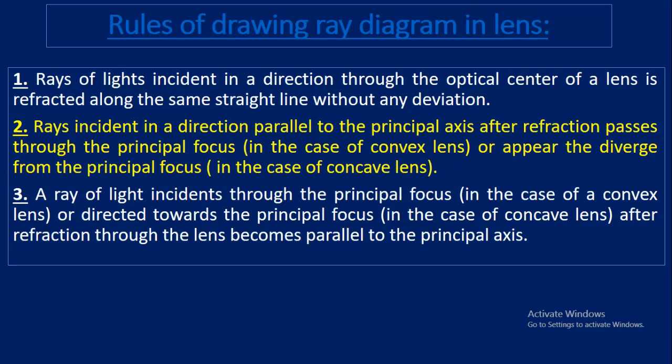And if a ray of light is incident through the principal focus in the case of a convex lens, after refraction through the lens it becomes parallel to the principal axis. Okay, we are going to show all these 3 rules by using diagrams.